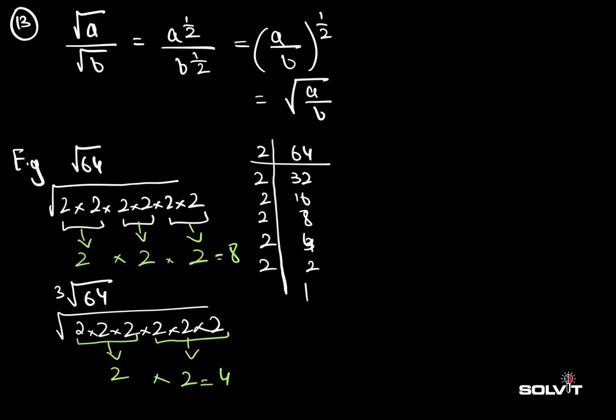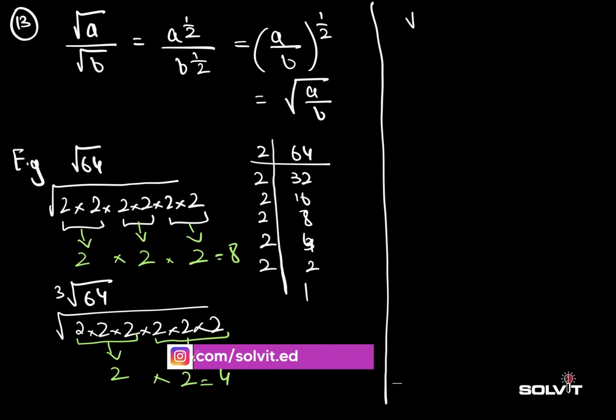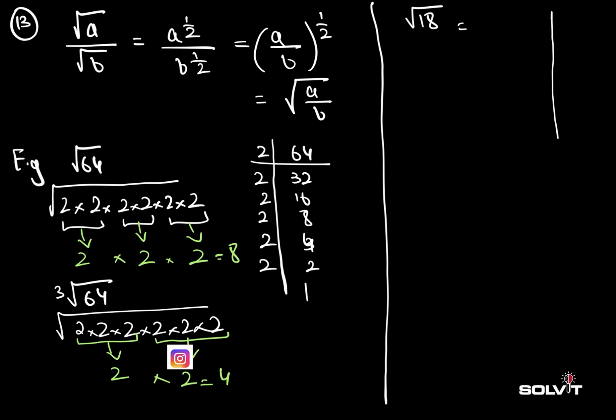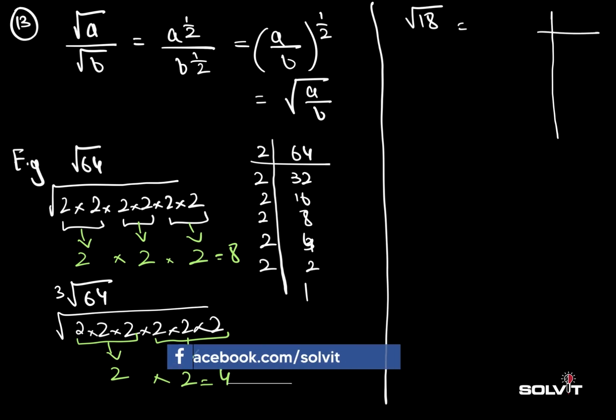Now let's look at a case where it's not a perfect root. For example, under root of 18. So under root of 18 would look something like this. Since it's not a perfect square root, still what we're going to do is the prime factorization.